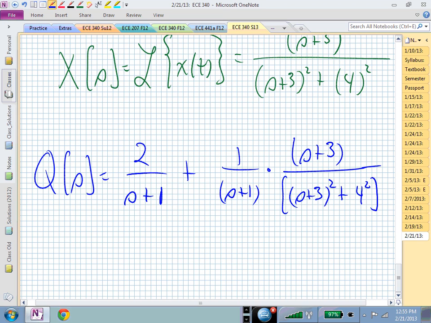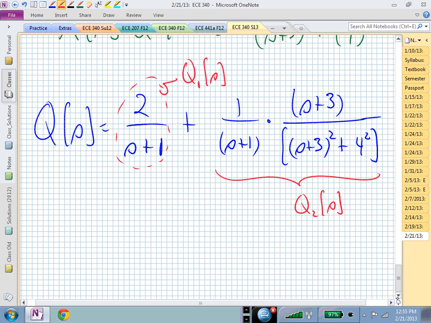Now what we may do is just go ahead and do this in two steps. We may say capital Q of S is equal to capital Q sub 1, that's going to be easy, plus maybe a capital Q sub 2, and just play with capital Q sub 2. I'm assuming we can pretty quickly inverse Laplace transform capital Q sub 1 of S. The Laplace transform is a linear operation, and so that allows us to do this.